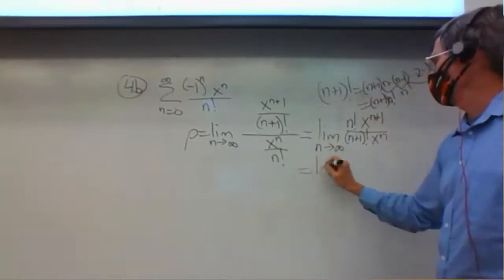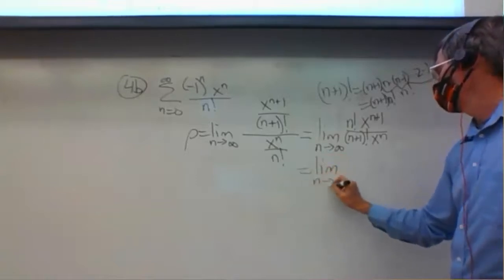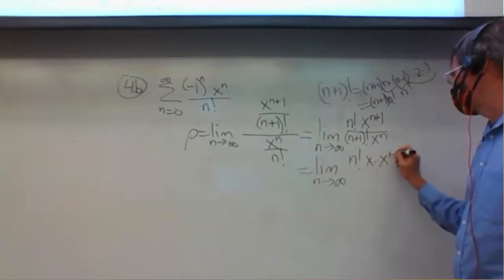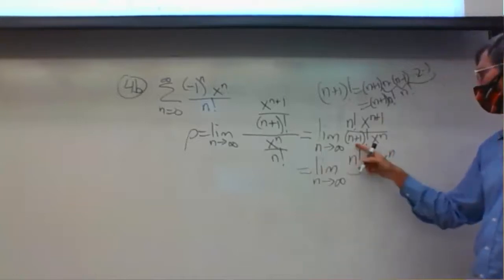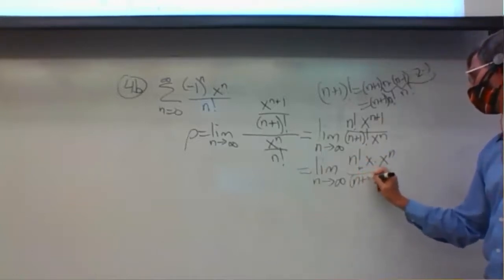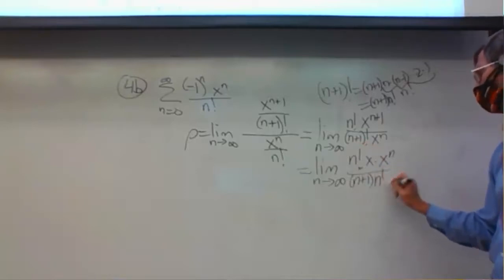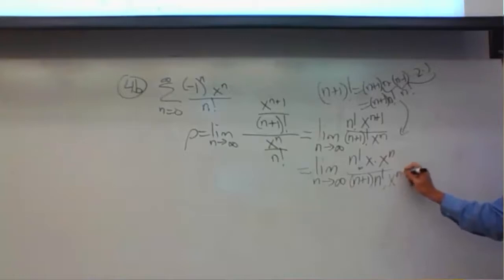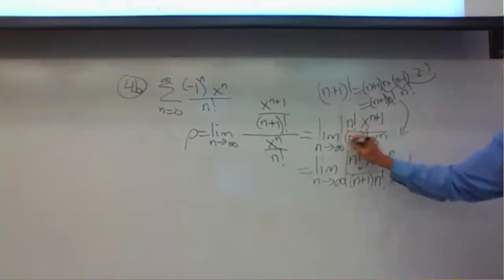So you write this as the limit as n goes to infinity of n factorial times x to the n for this one, right? N plus 1 times n factorial replaces the n plus 1 factorial from here. And then I've got x to the n, and now it should be absolute value on these.